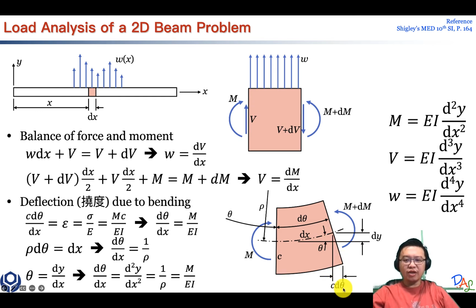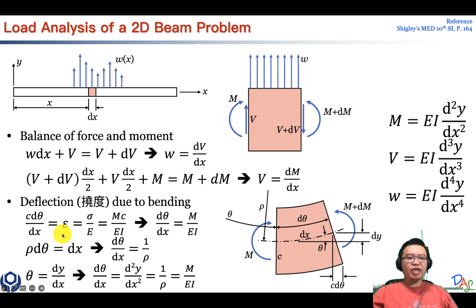C d theta was calculated by, here's C, and here's d theta, like I just showed you. Due to geometry here, it's also d theta, not theta, but d theta. So this tiny increment is the increment in length. And if you divide it by the original length dx, that would be strain.